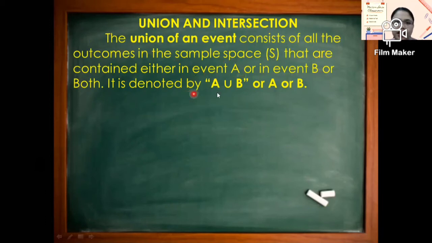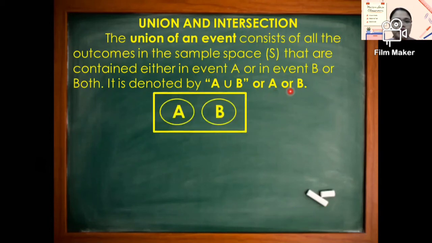It is denoted by A union B or A or B. Basta union, ang ginagamit natin ay na word ay or. So this is an example or the Venn diagram that shows the union of event. This one is event A and this one is event B. Okay po, at ito yung ating Venn diagram.